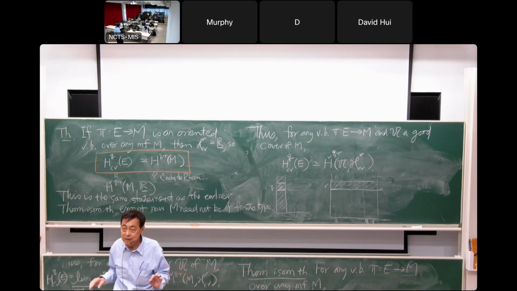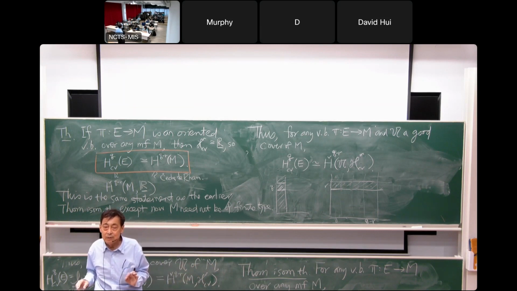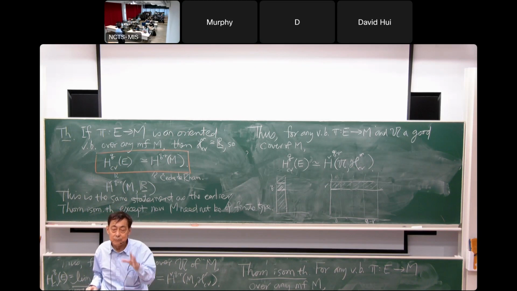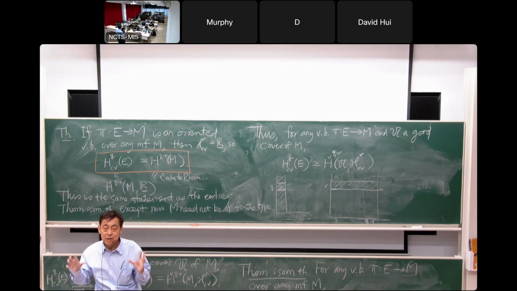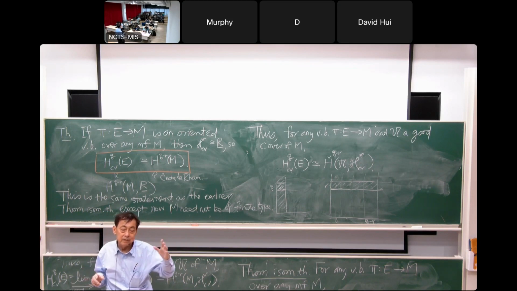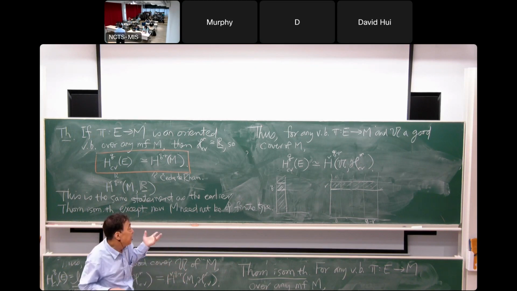So next time, starting next time, what we are going to do is generalize the technique of double complexes. Okay, so right now we go only 2 steps, right? We start with a double complex. We calculate H_D, then we calculate H_delta.